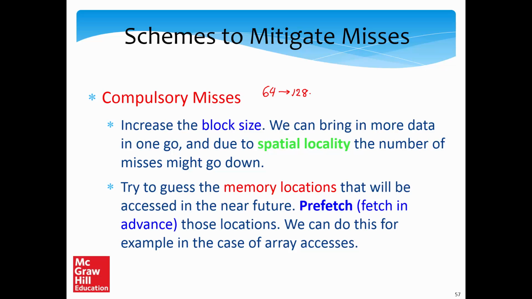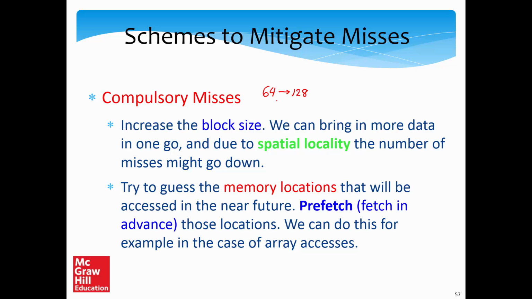Then in one go we are fetching in more data from the lower level. And because of spatial locality, the reason that we made blocks in the first place, it is possible that the number of misses might go down because you will find a lot more of the data you access within the same block. This would not have been possible had the block sizes been smaller.